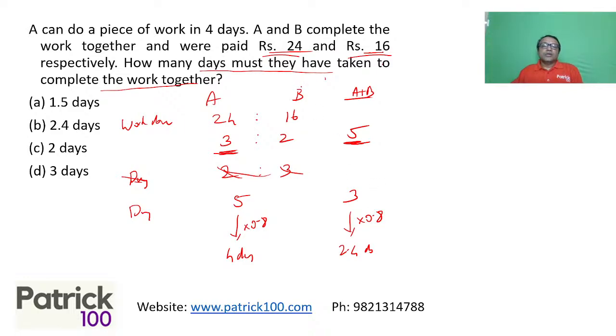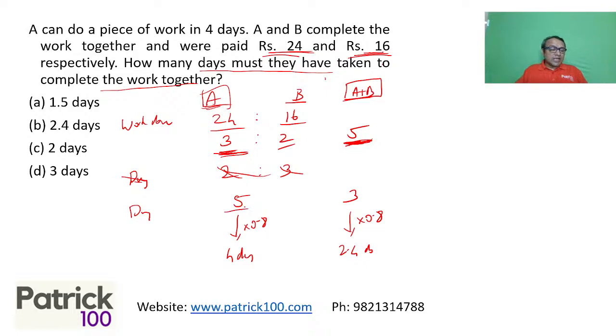Right? Clear? So again, work done is given, which is nothing but the amount paid is equal to work done. Because the more the work paid, that means the more you do the work. If you look at A and B, it is 24 and 16, which is 3 is to 2. If it's 3 is to 2, total is 5, A plus B put together, because we want A plus B. So we are given A and we have to find out A plus B. If I compare A and A plus B, the ratio of work done is 3 is to 5.